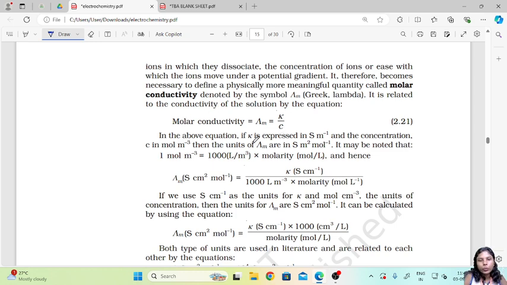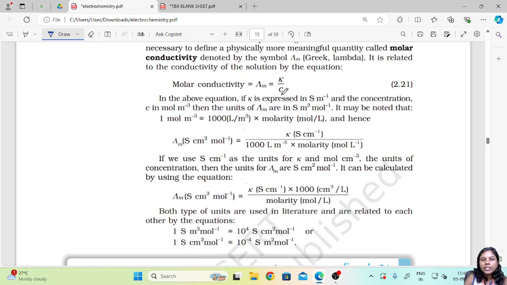Now in the above equation, if kappa is expressed in Siemens meter inverse and the concentration C is given in mole meter minus 3, then the units of lambda m are Siemens meter square mole inverse.